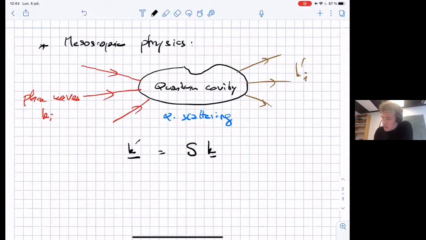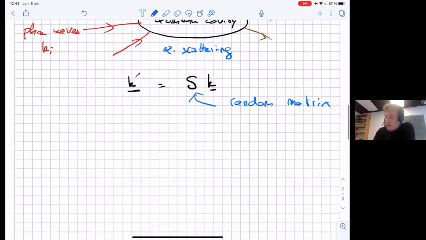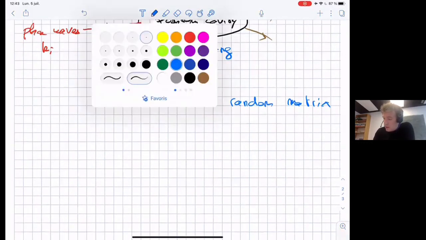And if this quantum cavity here is sufficiently irregular, which is quite often the case, then that will be a good approximation to say that this S here is a random matrix. Okay, so that's a quite natural example that you might think of.